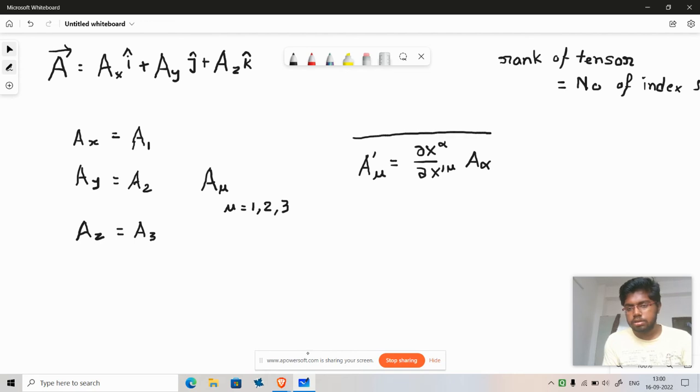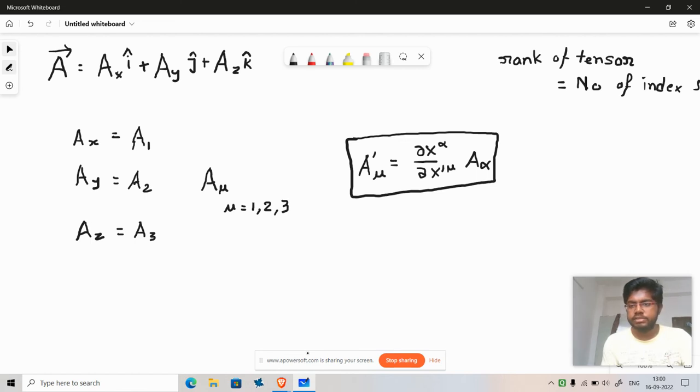So this is the transformation rule of tensors. If a physical quantity obeys this transformation rule, it is known as a tensor. Okay, this is the whole thing.